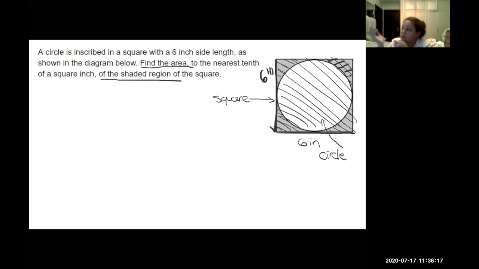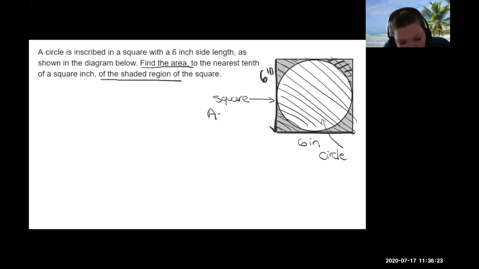Side times side. Sure, a square is a type of rectangle. So we could find the area by just multiplying those two sides, side times side, 6 times 6, or 6 squared, as we often call it. But I don't care if you write it 6 squared or 6 times 6, you're still going to get an area of 36 square inches.